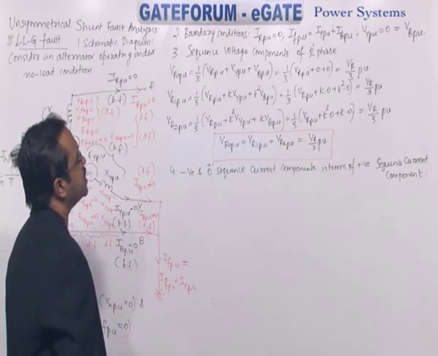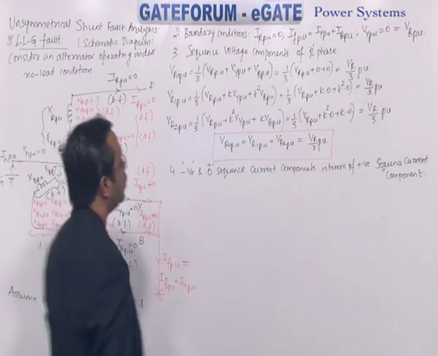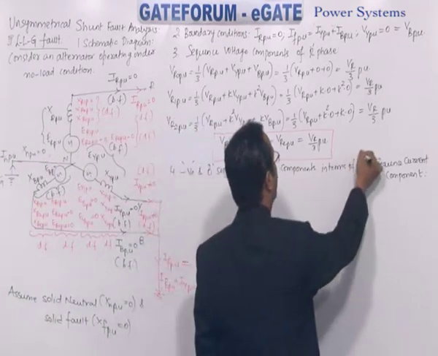So how to analyze this one? Negative and zero expressed in terms of positive.